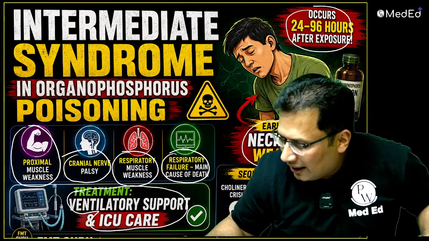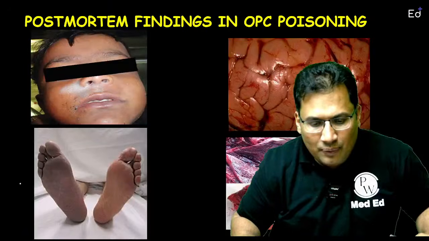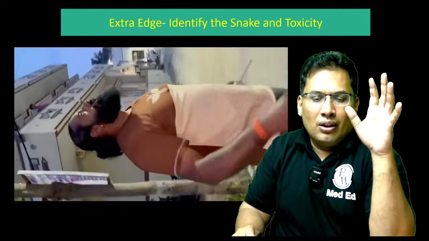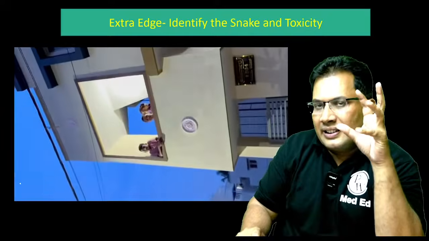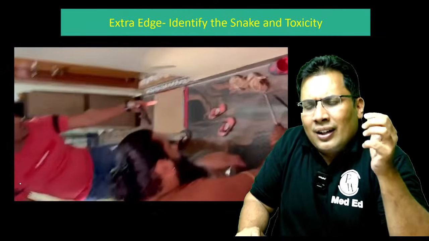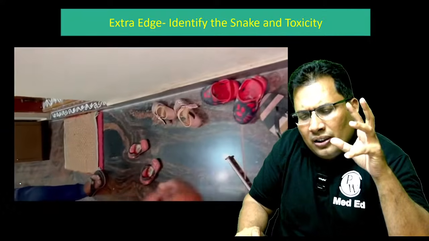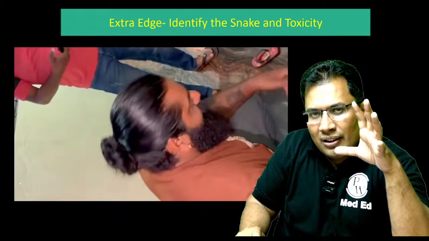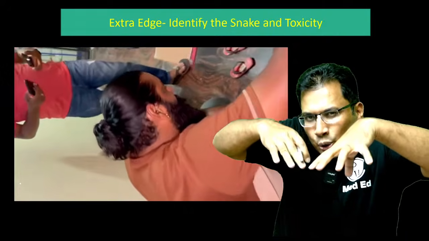And the last, I have a question for you. Look at this. Here is a video of a snake. We discussed in the last class about snake bite, types of snake and all. So here is a very poisonous snake, which is found within shoes.